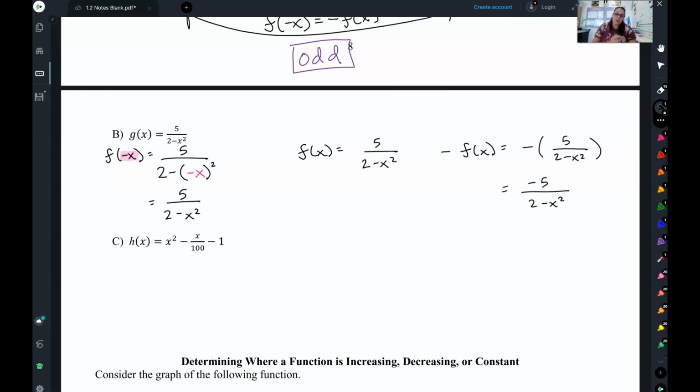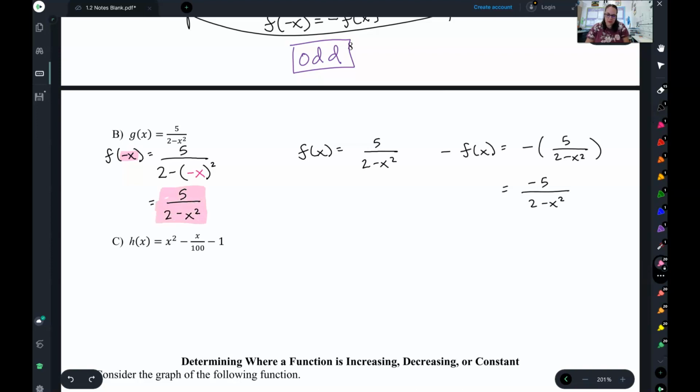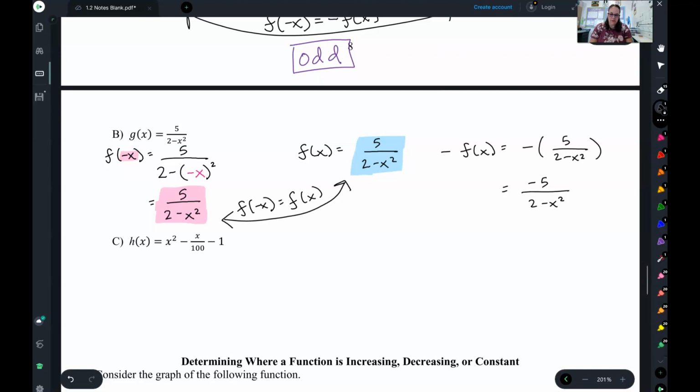Welcome back. So I've got my 3 answers here. We're going to start with our f of negative x and compare it to our 2 other answers. And we notice very quickly, hey, that is the same as this answer. So we're saying that f of negative x is equal to f of x.